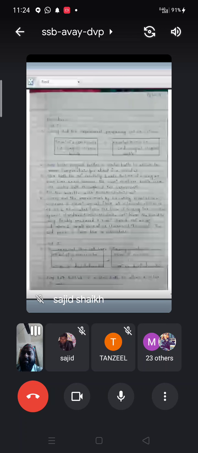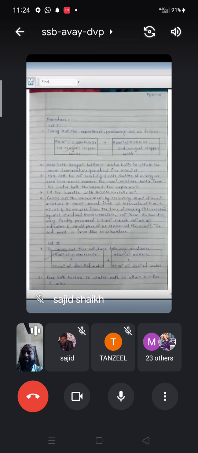In the conical flask we add the ice and the indicator. As I said in the first experiment and the fourth experiment, first of all we take the ice and the indicator in the conical flask, then we pipette out the reaction mixture.